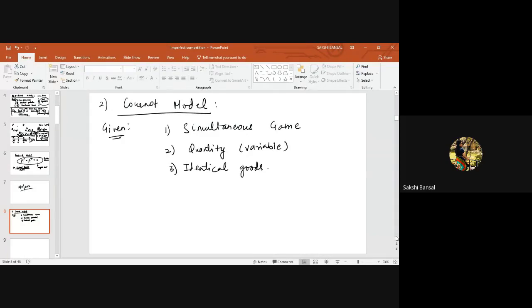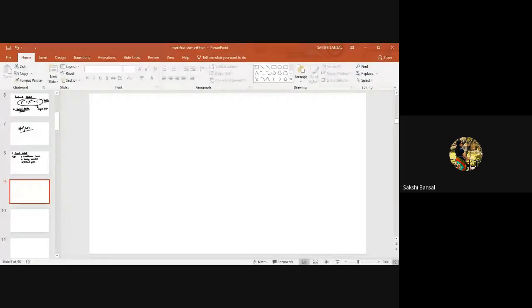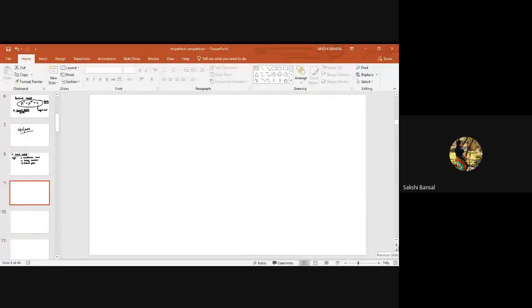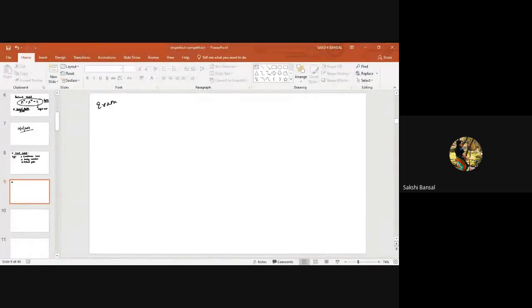So now these are what my given things. I will explain with the help of an example first. I am doing example 15.1. Suppose in this example, what is given to me first is the demand curve.